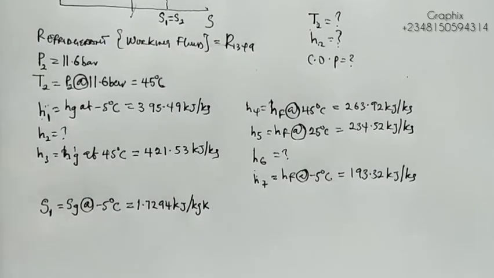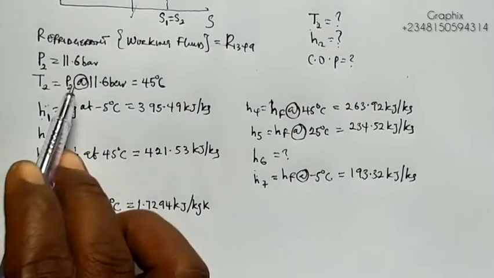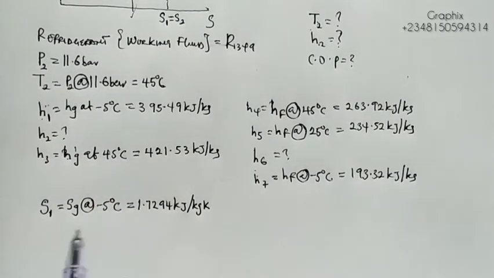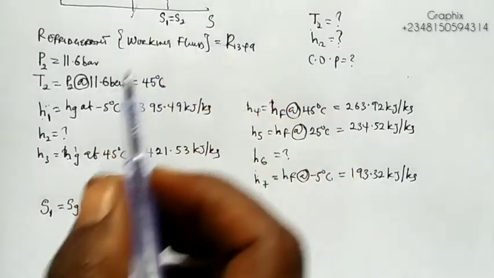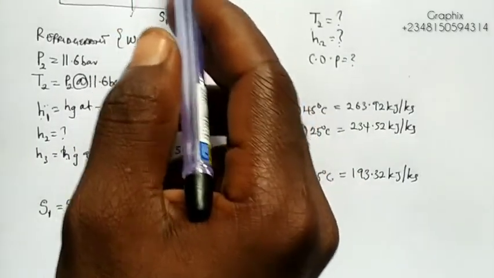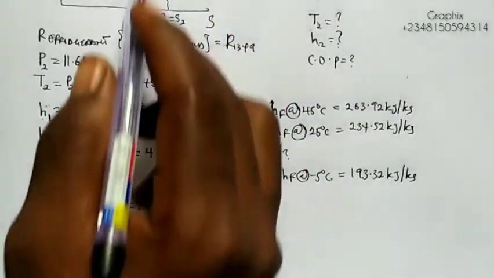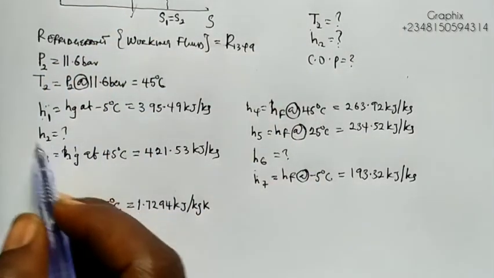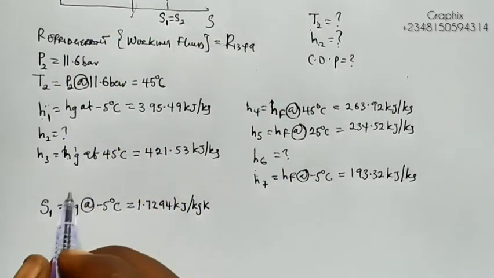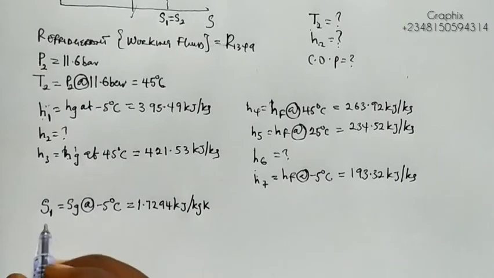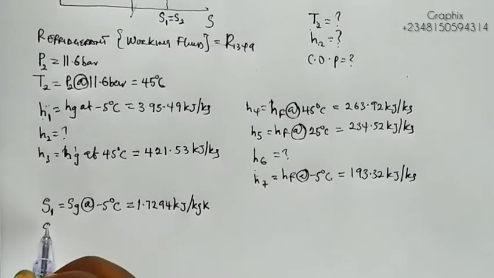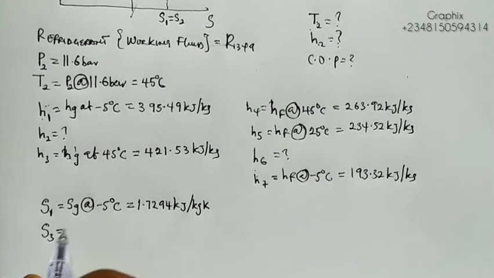Now you go for the next one. Since we have H2, we look for S2 too. But there's no S2 on the saturated line, so since there's no H2, there can't be S2. So we need to calculate for S2 also. Now we have S3, because it's also falling on the saturated line.